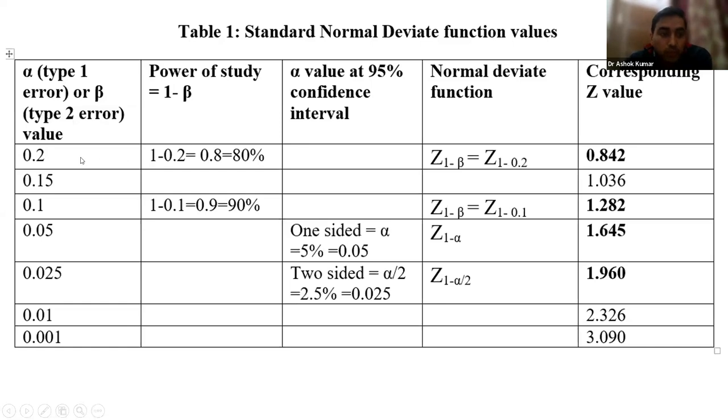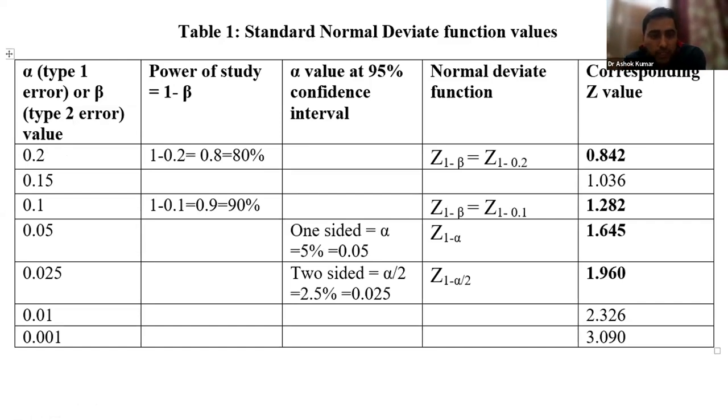So when beta means 20%, we have to write here 1 minus 0.2. So it is coming 0.8, it is 80%. What do you mean by 80%? It is a power of the study, that is 80%. Or in 80%, you can see 20% is a type 2 error.